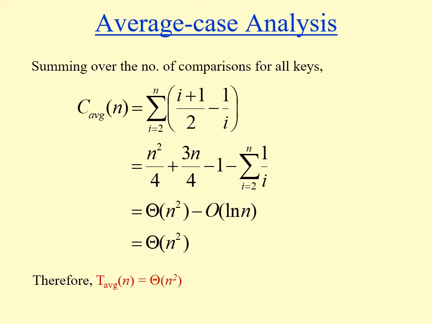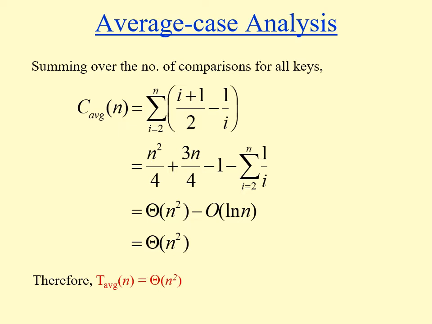At the end of this line, we have the summation of 1 over i. We mentioned this one before, you can look it up, and it is on the order of log n. Of course, it's less than n. So anyway, we can find the dominating part of this equation is n square.